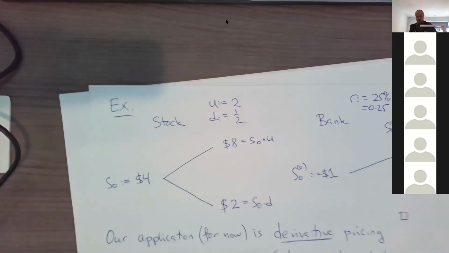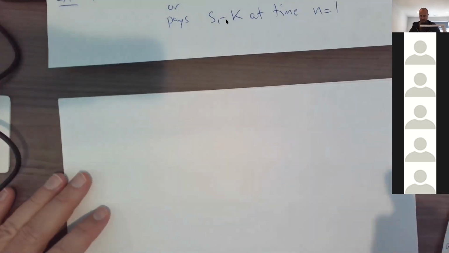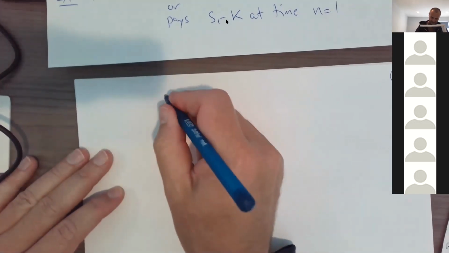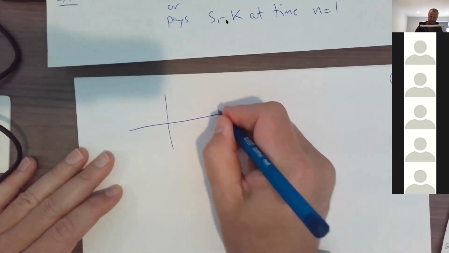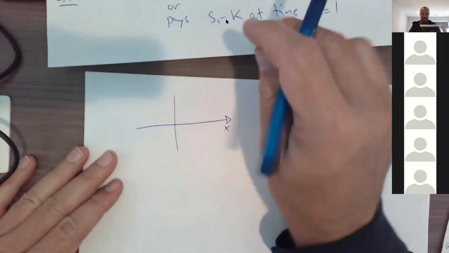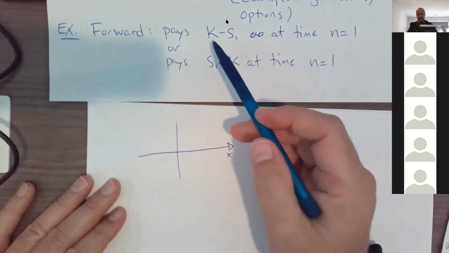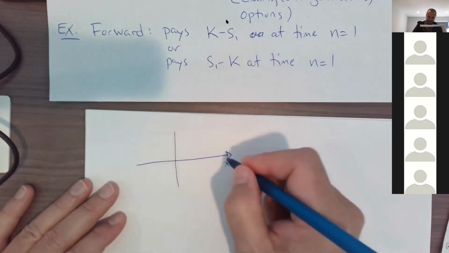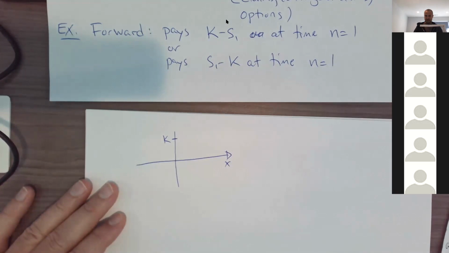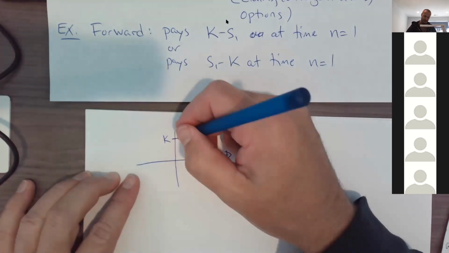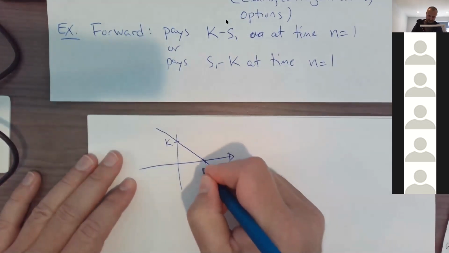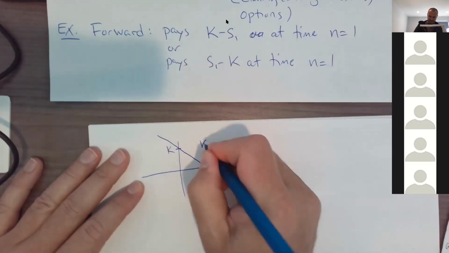So if you have to draw these payouts, sometimes that helps. If you're looking at a forward's payoff, if I have the stock price out here, then depending on which one it is, if it's K minus S1, then when the stock price is near 0 it's K in here, and then as the stock price grows, it's going to become a straight line. So it just cuts here with K. So this here is K minus x.